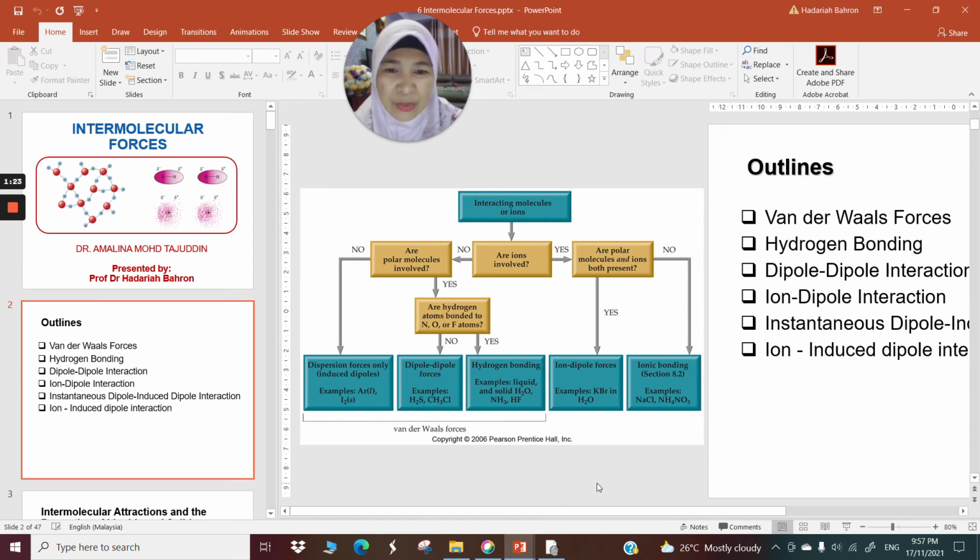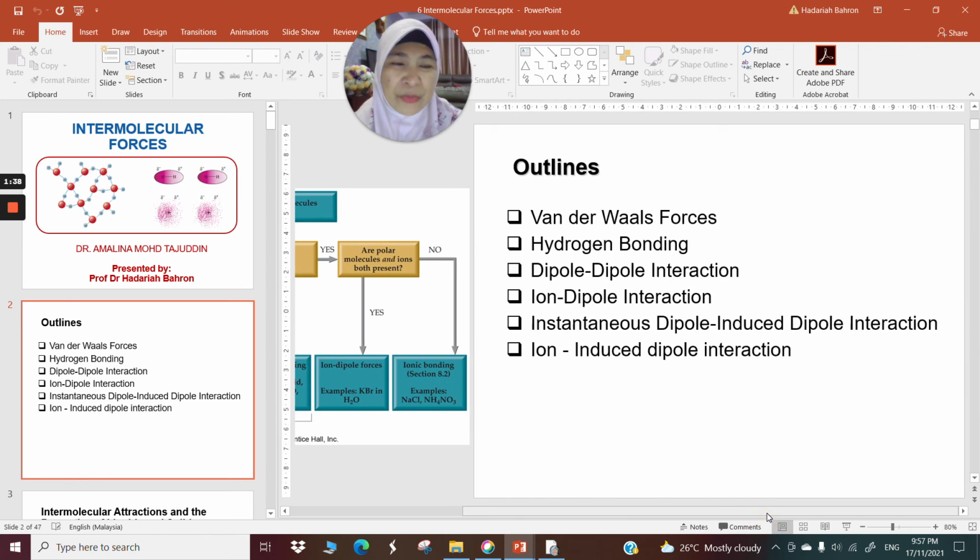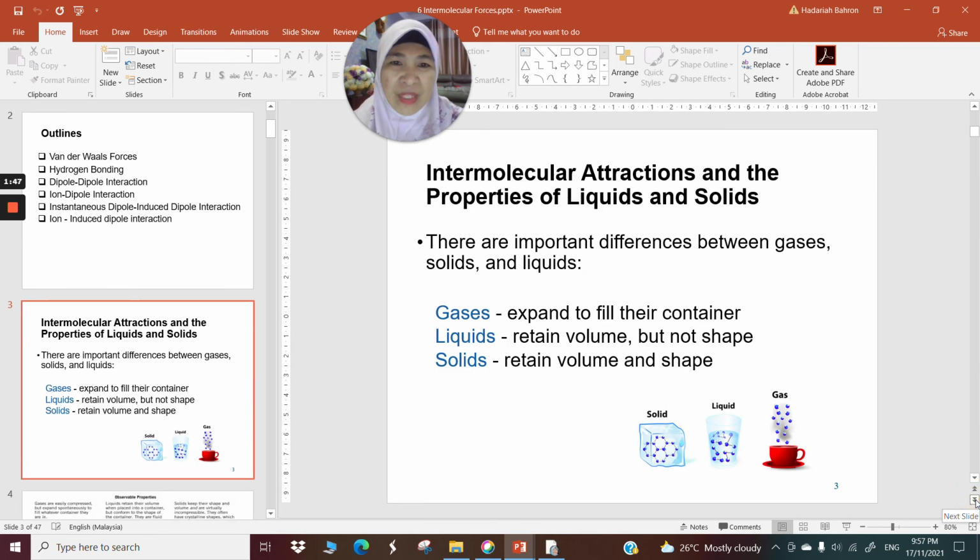This is a chart of how you're going to determine what forces are present in whatever situation you encounter. As you go through this lecture with me, we are going to go through each one and I will explain it to you one by one.